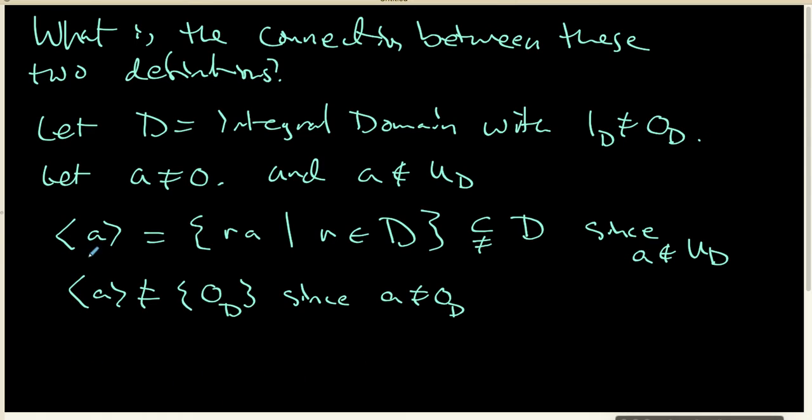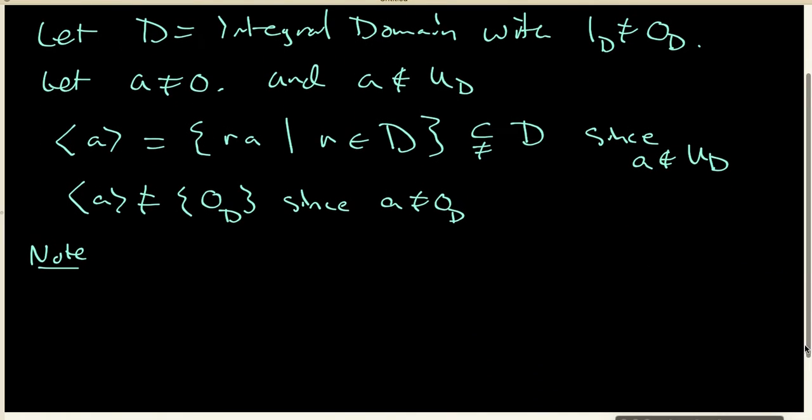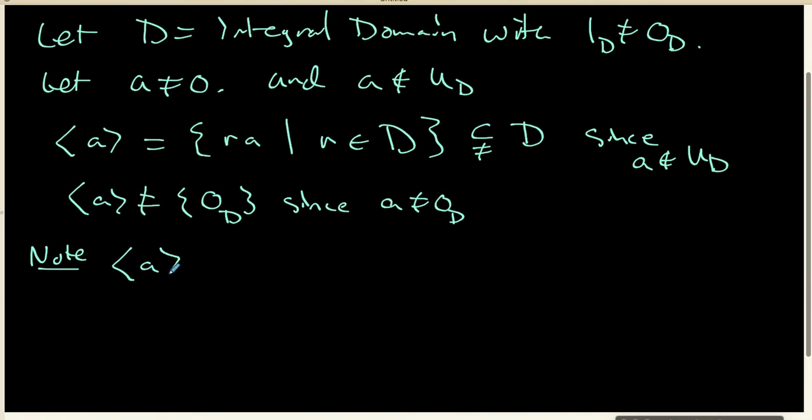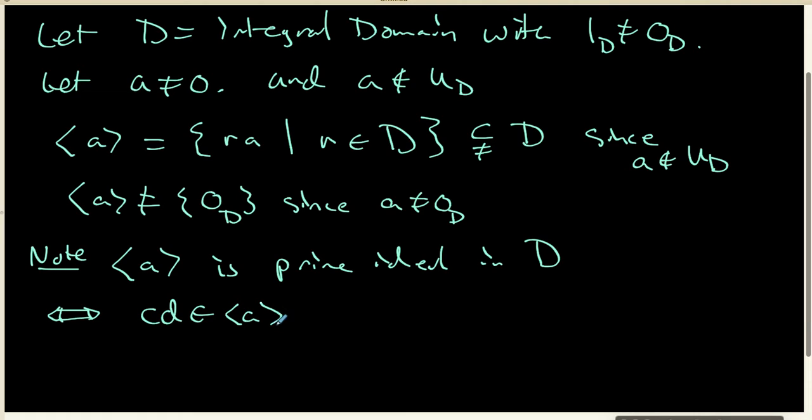But I do know that this is a principal ideal, and here's the neat thing. We're going to have that this principal ideal generated by A is going to be a prime ideal inside the domain D if and only if, well, let's see, prime ideal says C times D belonging to the ideal implies either the first thing belongs to the ideal or the second thing belongs to the ideal.